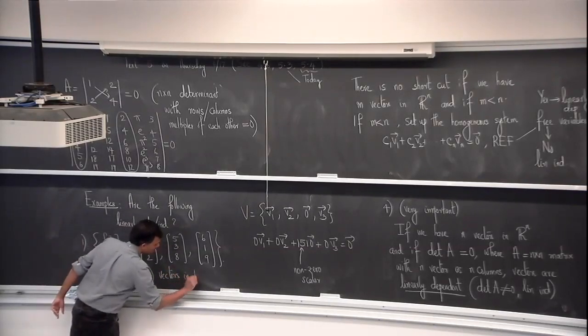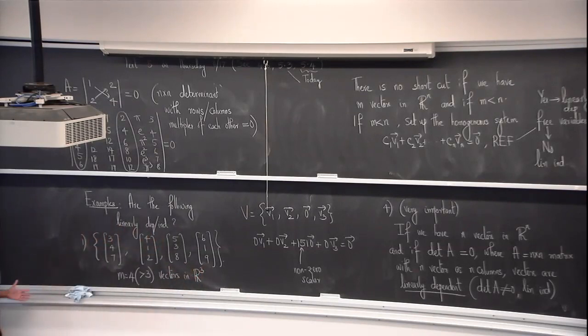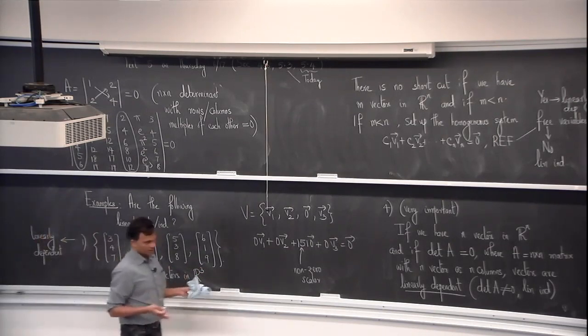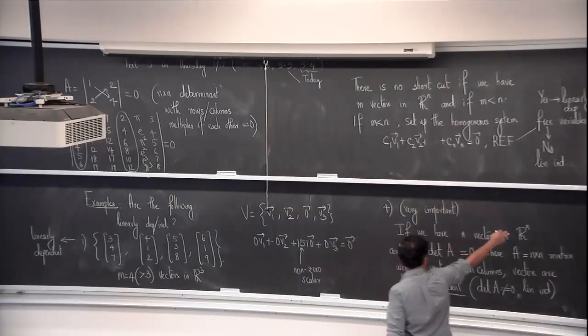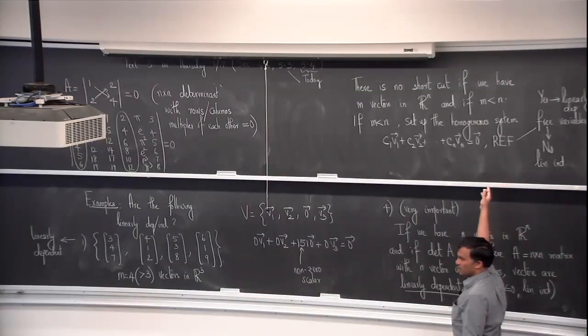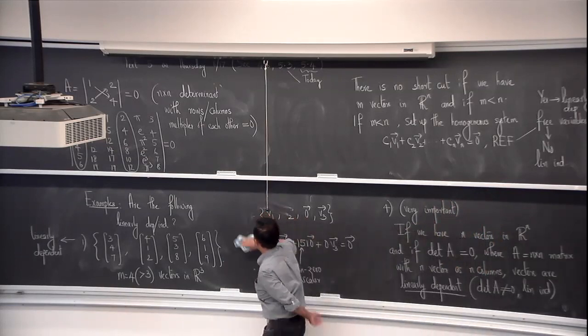And that means please don't set up a determinant. It's a non-square situation. So these vectors are linearly dependent. This is how you save time on tests that involve these kinds of questions. You don't want to sit down and waste time trying to solve it. If you try to solve it, you will get some free variables. But this is a yes or no question, so just do that and move on.